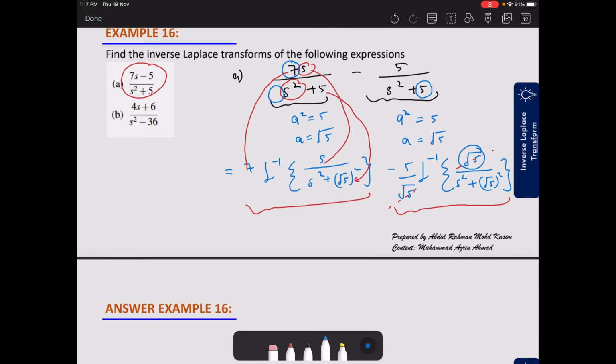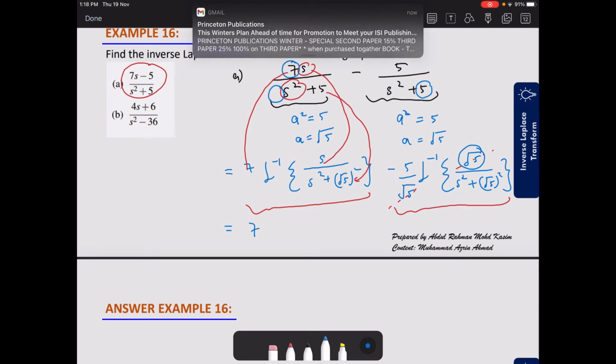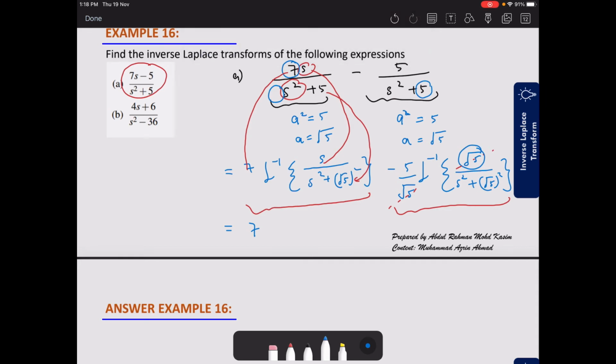Okay, so now from here you will have 7 over here. Look at here, we have s squared and a squared. S squared plus a squared is under cos at. So what is your a? A is square root 5.